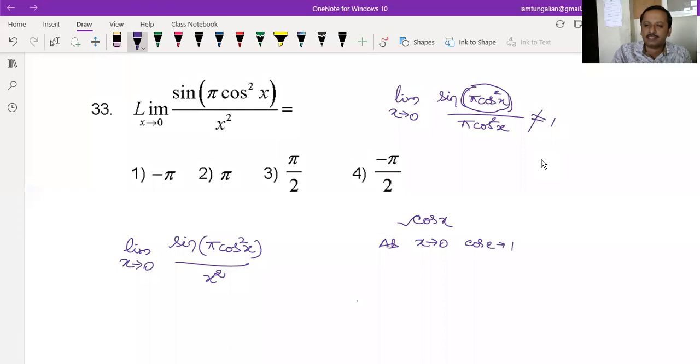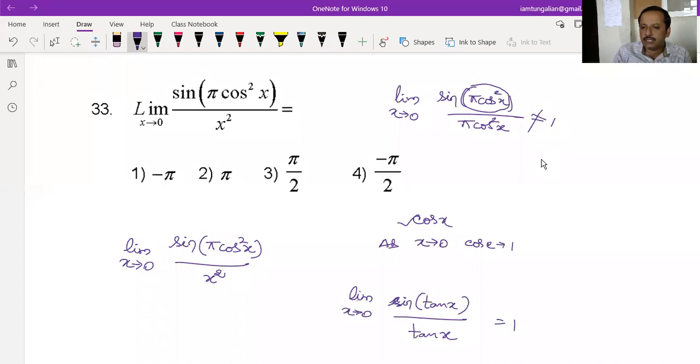In place of cos x, if tan x is there, yes, good question, then it is 1. Say you're talking about the limit x tends to 0, sin tan x divided by tan x. If this is the case, then this is equal to 1, no doubt, because now when x approaches 0, tan x will also approach 0.